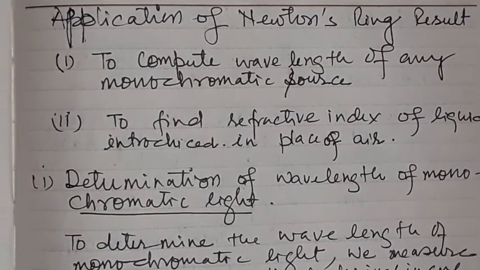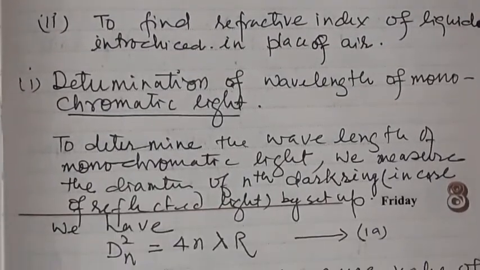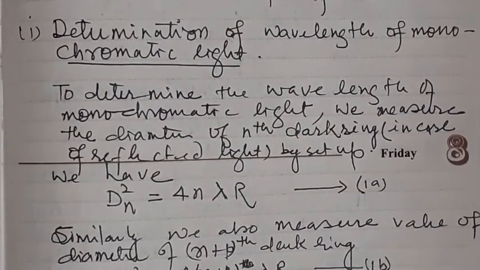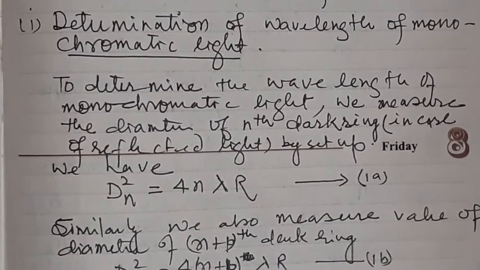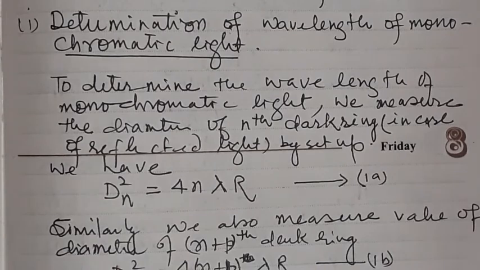So in this first, the determination of the wavelength of monochromatic light, we know that the diameter is directly proportional to the order of fringe and the wavelength and the radius of curvature.